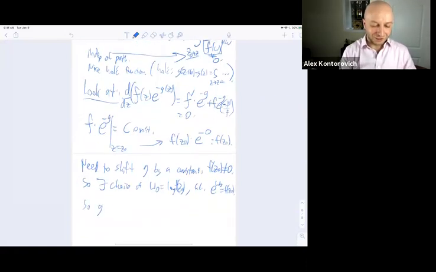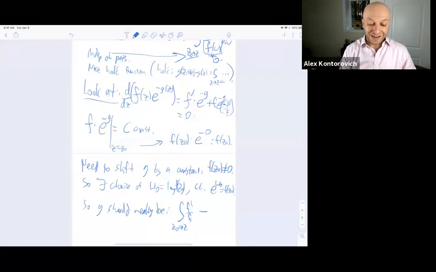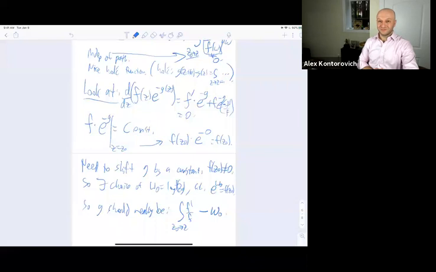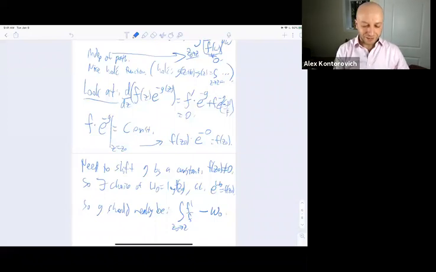So g should really be, I guess I need to subtract this constant off. The integral along any curve going from z0 to z of f prime over f, minus w0? Is that right, minus w0 or plus w0? I think it's plus w0 because I want the value at z0 to match w0.